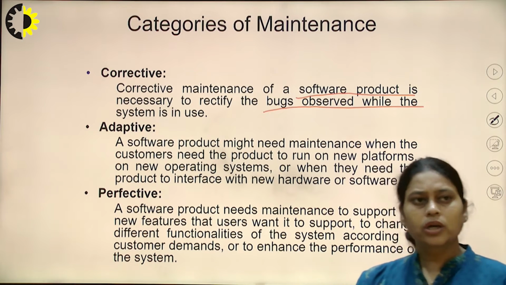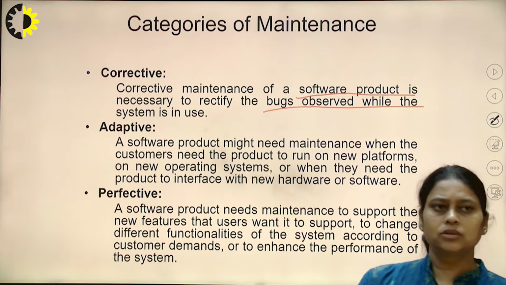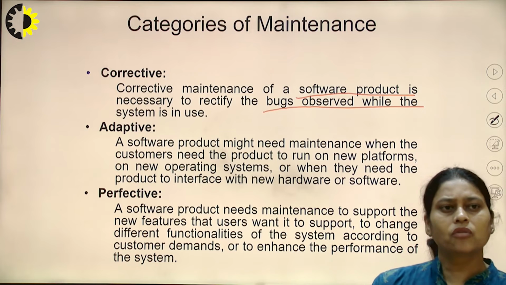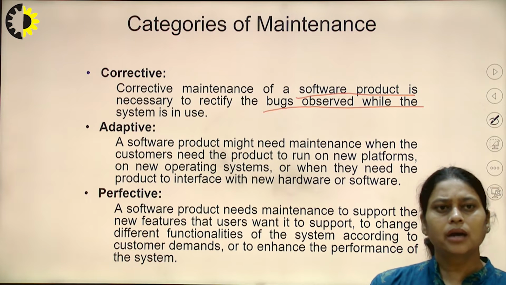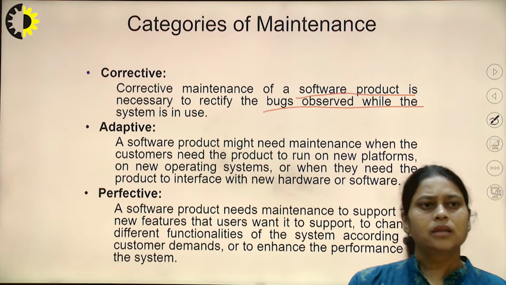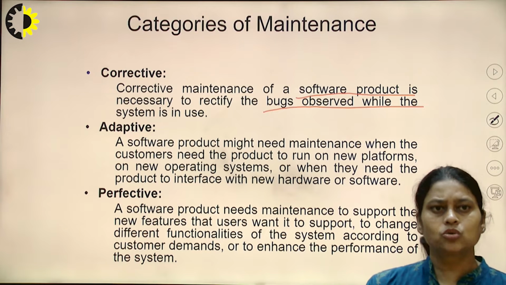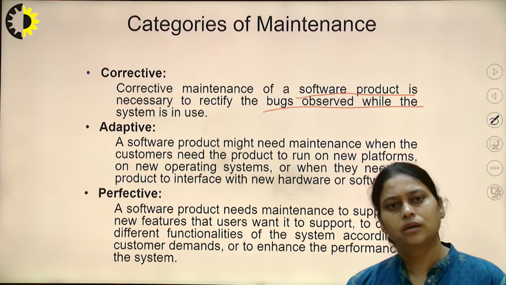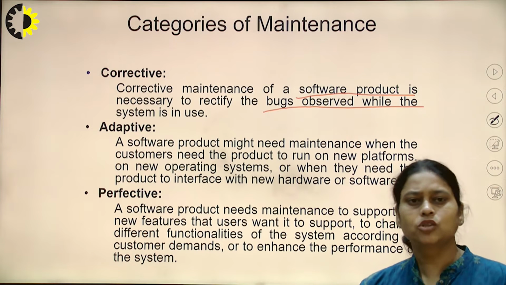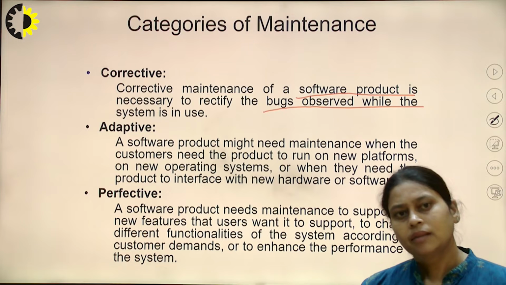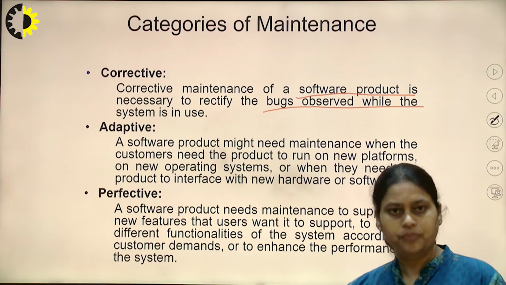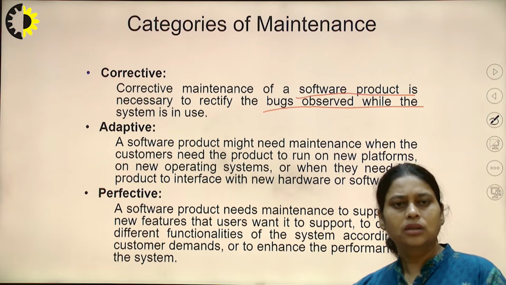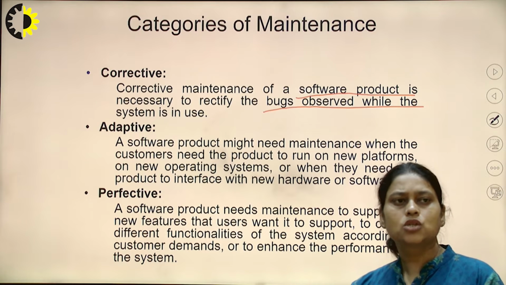And if we are talking about adaptive maintenance, as the name suggests, a software product needs adaptive maintenance when the customer needs the project to run on a new platform. When I want to run our software on a new platform, there is a need for some upgrade in the existing environment. That type of maintenance is called adaptive.